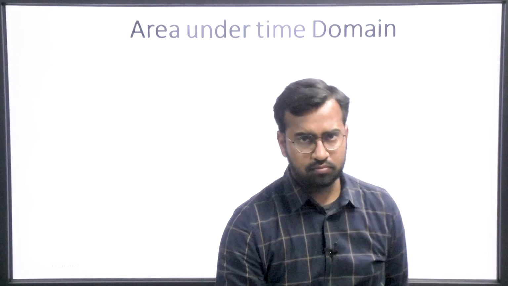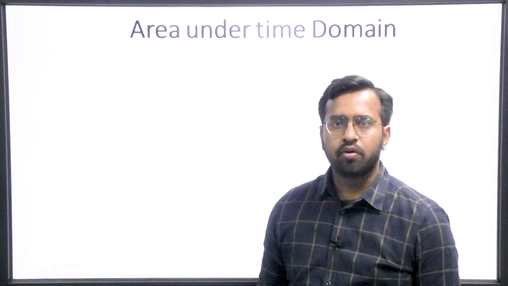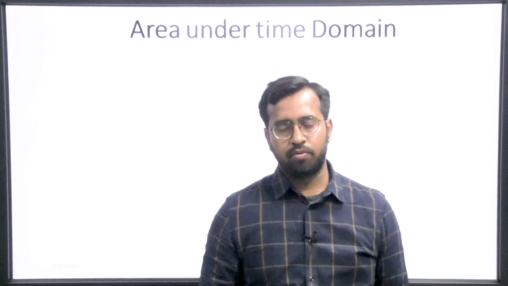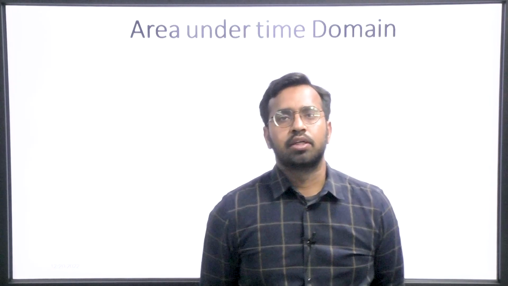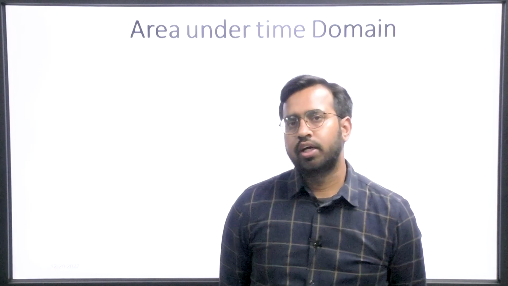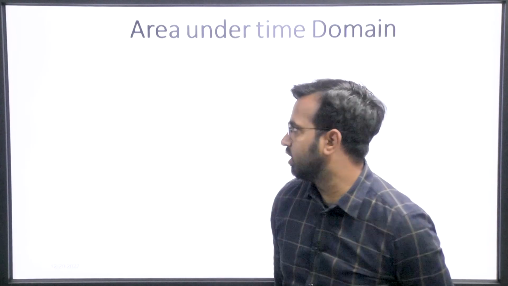A very important parameter, not exactly a property, but basically two tools, is how we can find the area under the time domain and the area under the frequency domain. What does it mean?